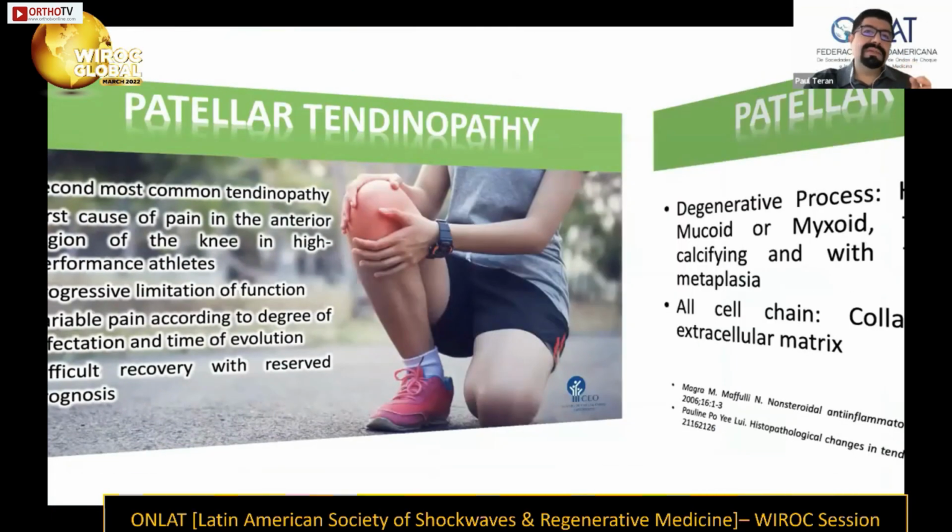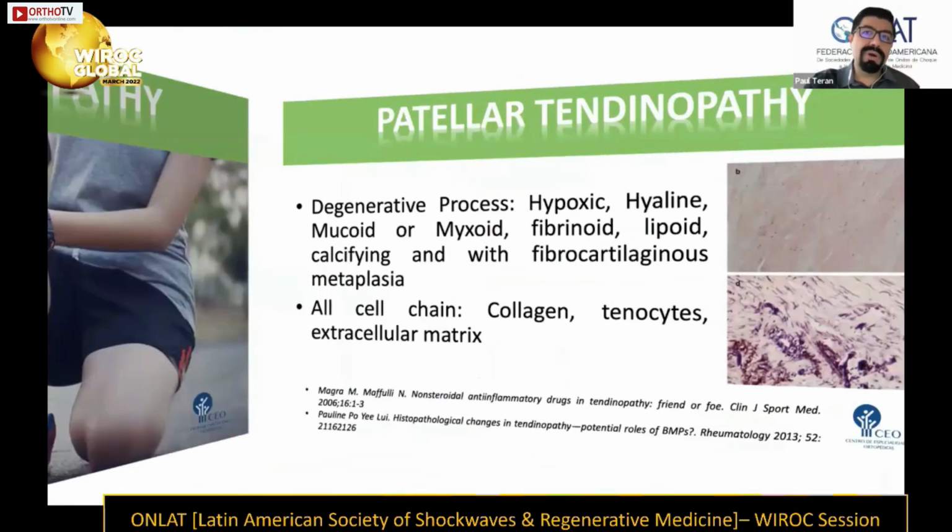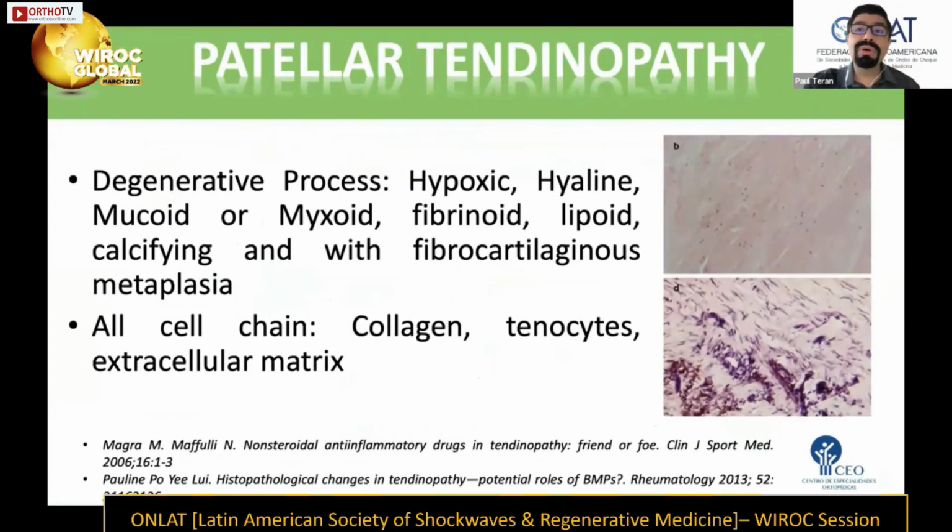Histologically, it's a degenerative process. It's hypoxic, hyaline, mucoid or myxoid, fibrinoid, lipid, calcifying, and with a fibrocartilaginous metaplasia. All cells in this tendinopathy change, like collagen, tenocytes, and the extracellular matrix changed their shapes and changed their function.